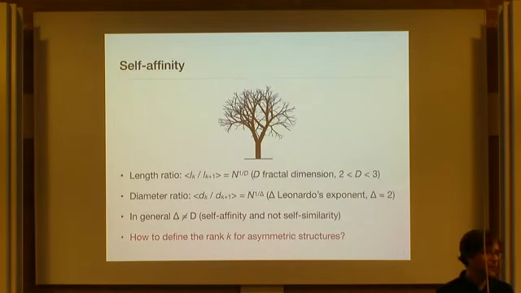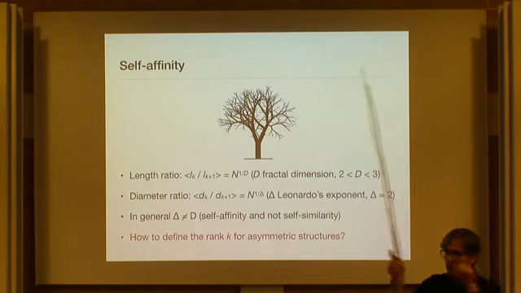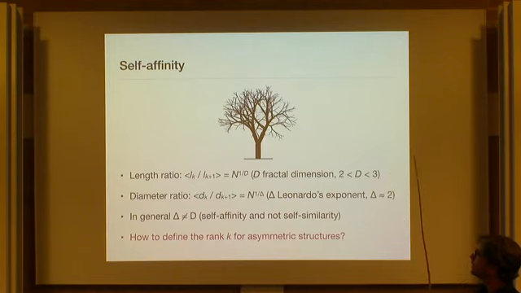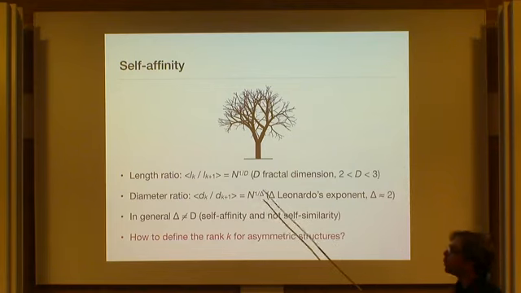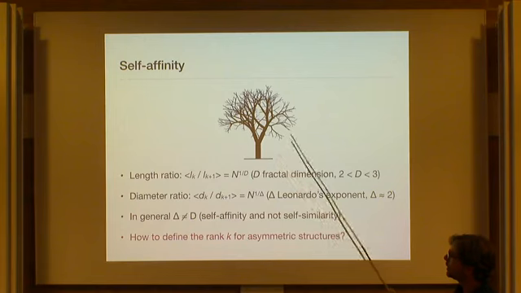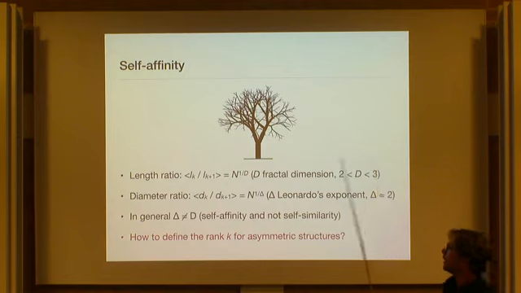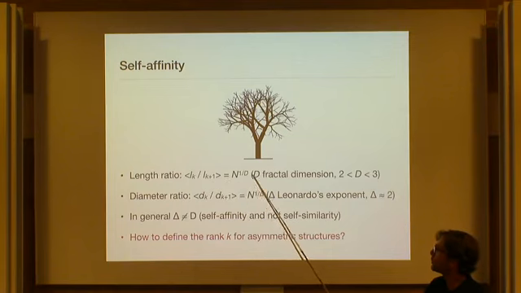Okay, so this was for very irregular structures, but in a real tree there is more randomness, and in particular it's not symmetric and it's not regular, so it's not a fractal in this sense. But you can define, or you would like to define, an average ratio of length between two levels in the hierarchy and an average ratio of diameters. And this average ratio of lengths is linked to the fractal dimension, n being again equal to 2 in this example.